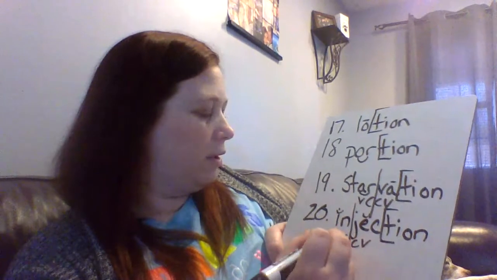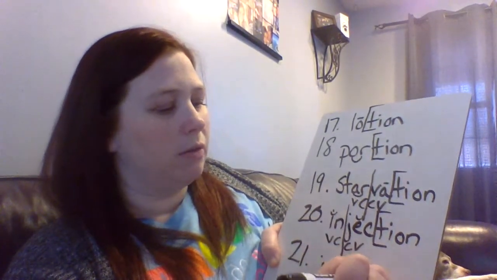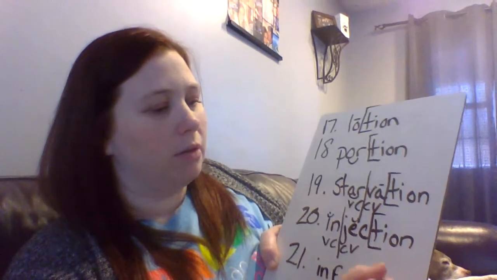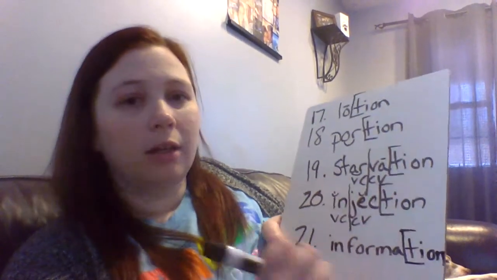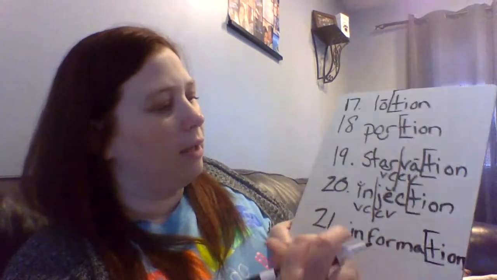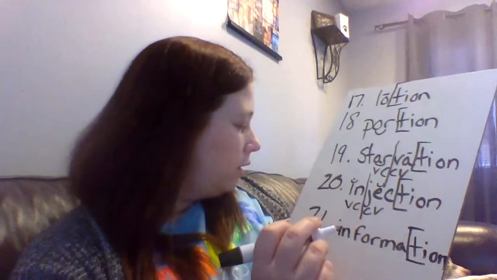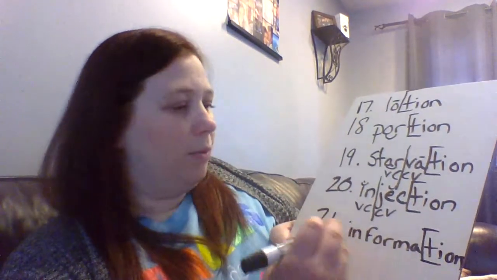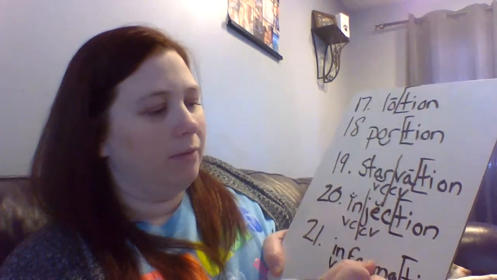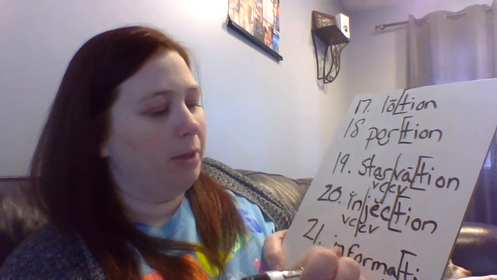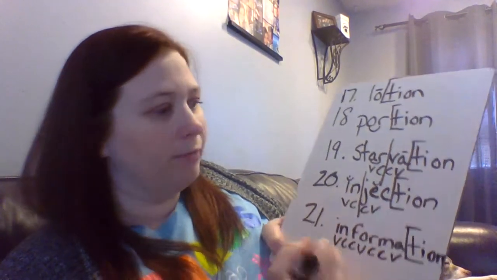Number 21, another big one, information. All right, our T-I-O-N gets a bracket. Here we have a lot of vowels, don't we? We have vowel, vowel, vowel. So this is following our big vowel, consonant, consonant, vowel, consonant, consonant, vowel pattern.